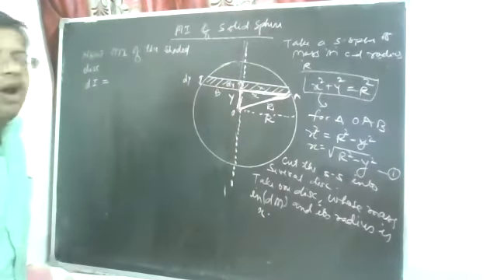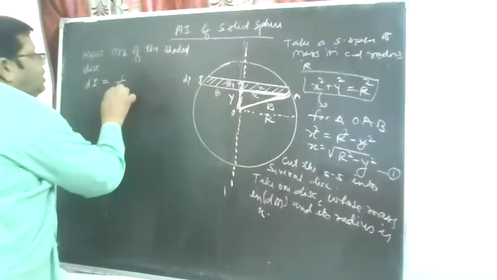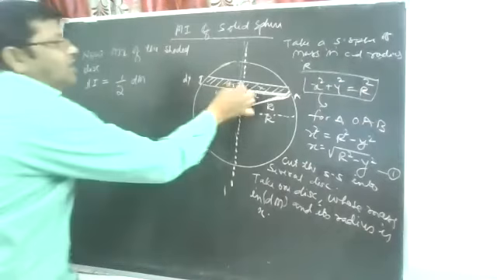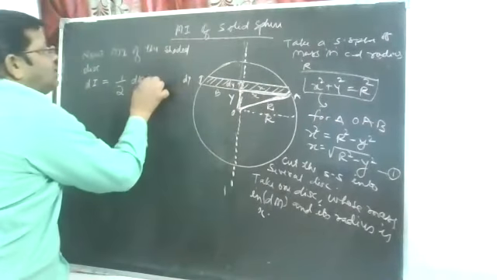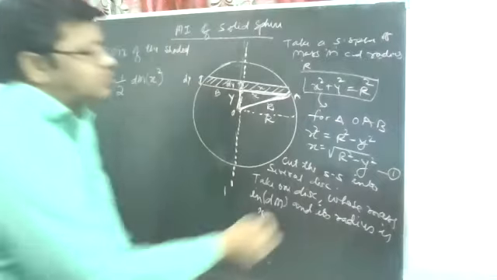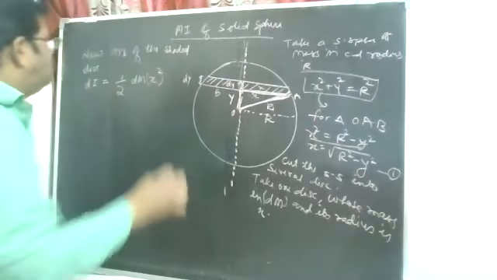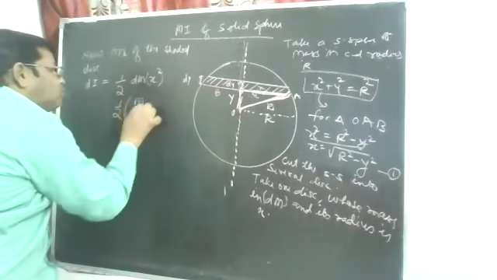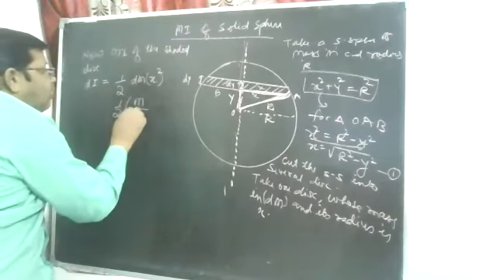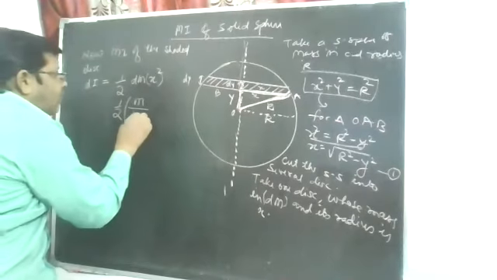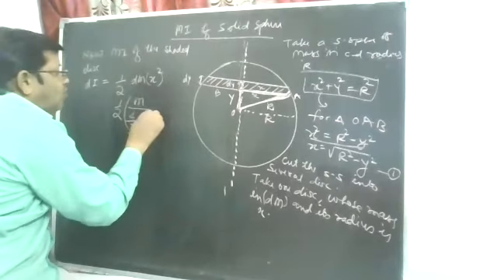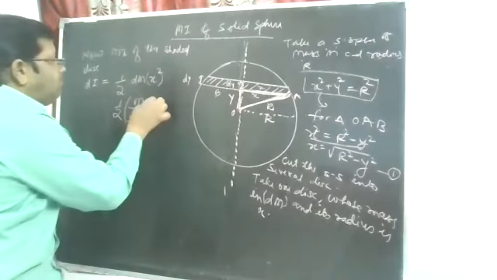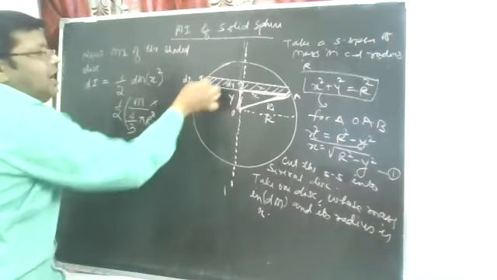Now, the moment of inertia of this, we know the formula, half into mass into square of radius. What is the radius of this circular disc? x. So x square. First tell me the mass. The total mass of the solid sphere is m, distributed over its volume. What is the volume of the sphere? 4 by 3 pi r cube. Mass per unit volume, that is density, into the volume of this portion.